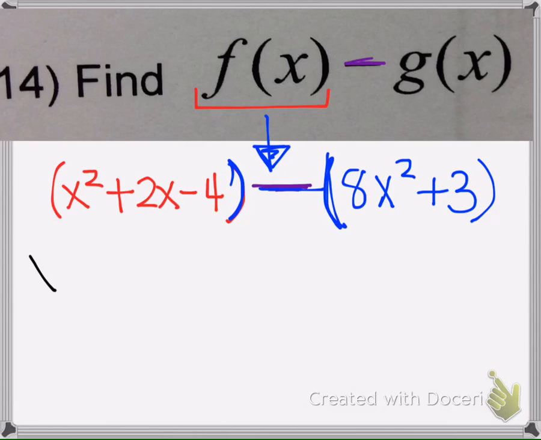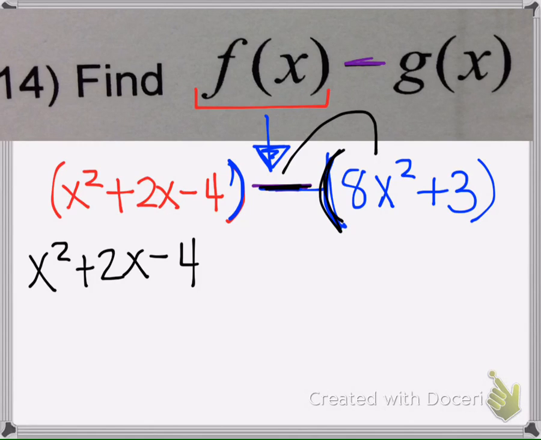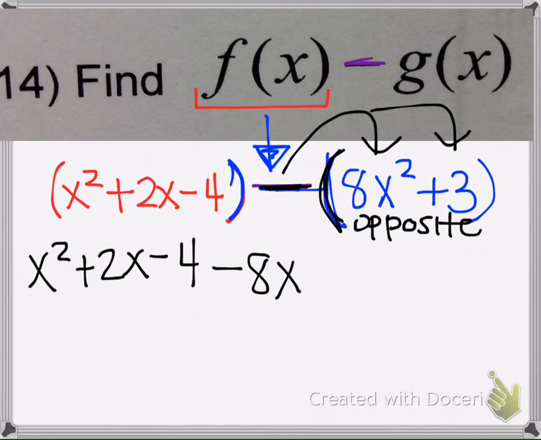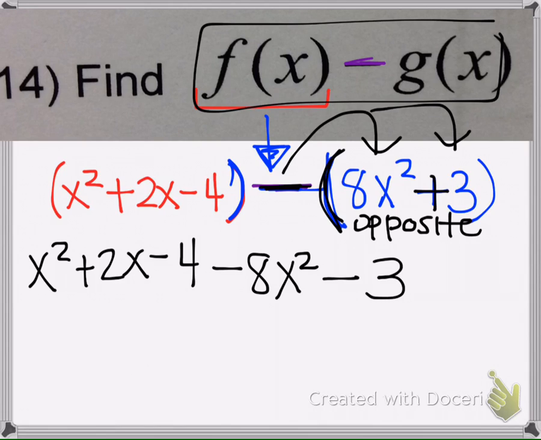So we're going to take x squared plus 2x minus 4, and then whatever's in front of the parenthesis we distribute. So we're going to distribute this minus here, which just makes all of this opposite. So we're going to have a negative 8x squared, and then we're going to have a minus 3 here. Notice the parentheses are gone. I am not multiplying. When I read this, this says to take f of x minus g of x. Nowhere does it say to multiply. So I should not be multiplying at all in this problem.